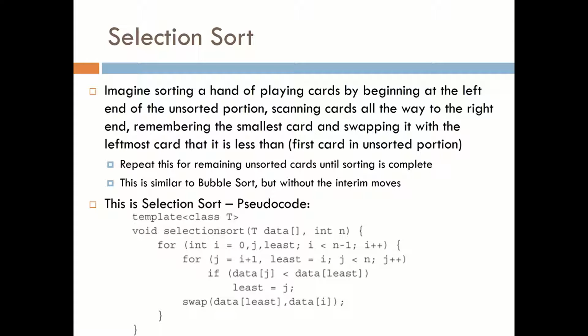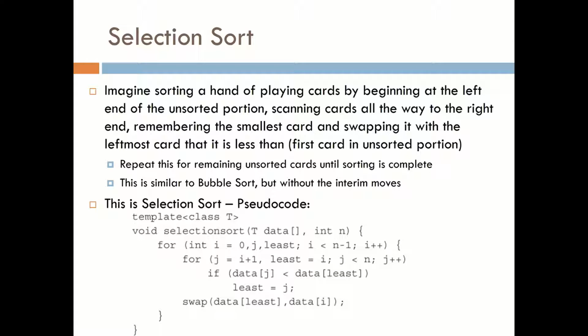So here is our pseudocode. Again, it takes an array and the size of the array. The outer loop goes from 0 to less than n minus 1. Again, it goes up to, but not including, that last one, because once we're down to the last one, we're guaranteed that it's in the right position. The j loop goes forward in this case, which is one difference from bubble sort, which moves backward.